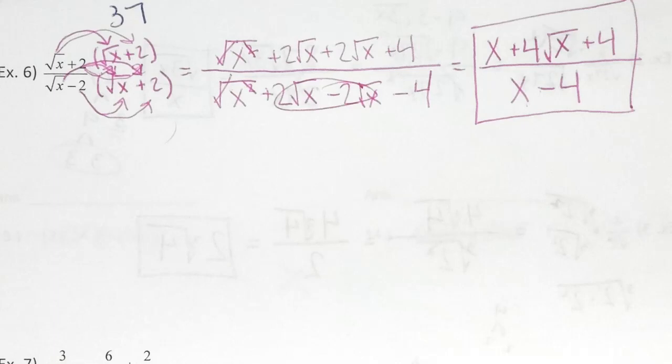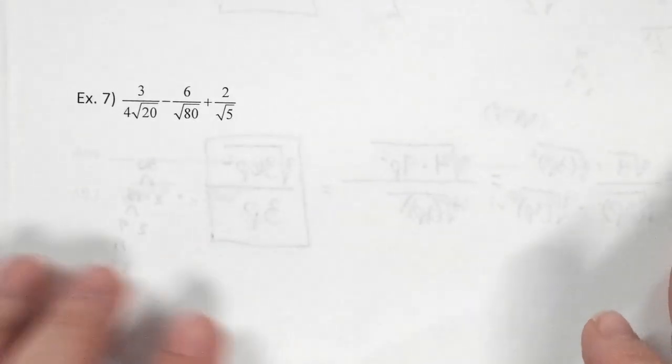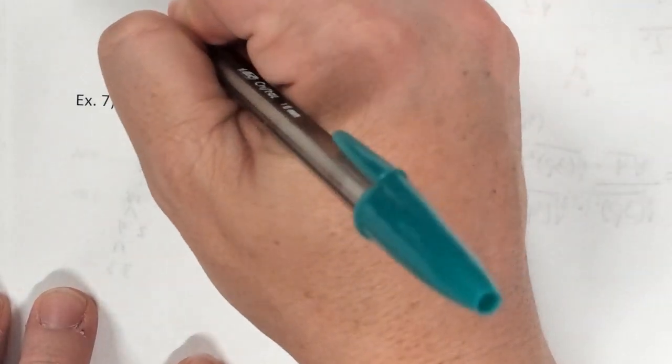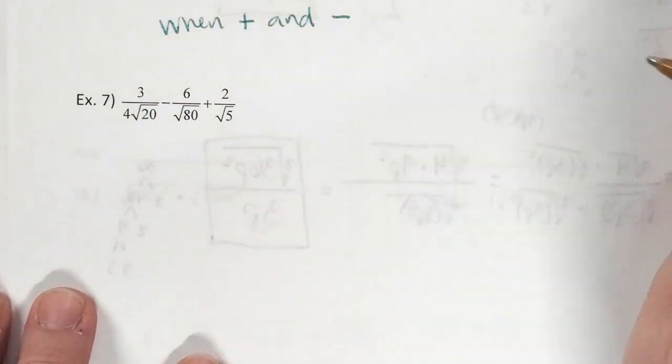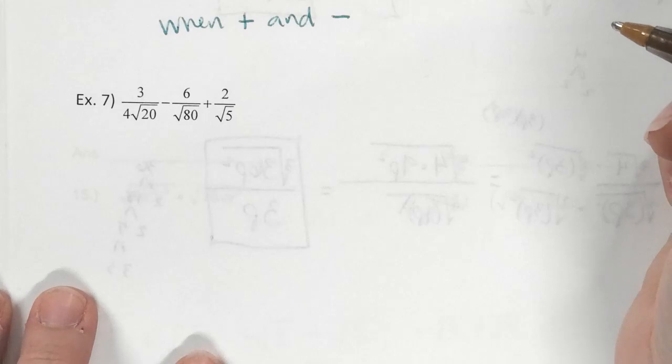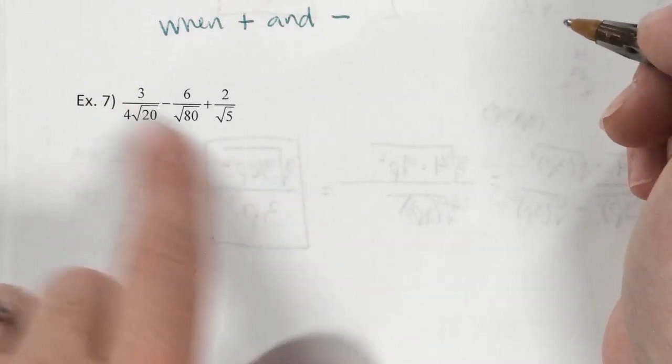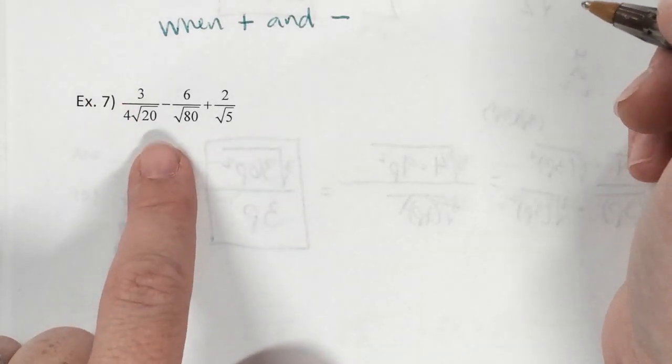Almost done. The last one I like better than those. Okay, so look here. One thing I want you to remember is that when adding and subtracting, what do you have to have? Like, can I combine these right away? No, because they have what don't they have?